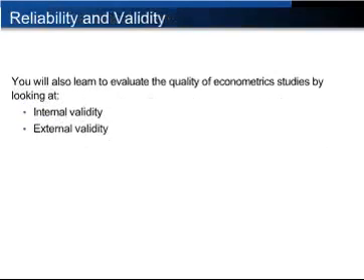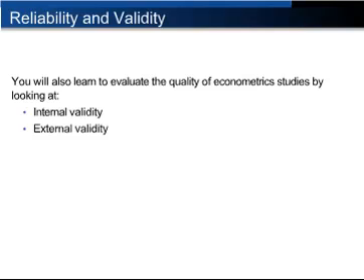Reliability and validity. Reliability is the consistency of an instrument or measurement, while validity is the accuracy of an instrument or measurement. You will also learn to evaluate the quality of econometric studies by looking at internal validity and external validity. Internal validity is the confidence we place in the cause and effect relationship.